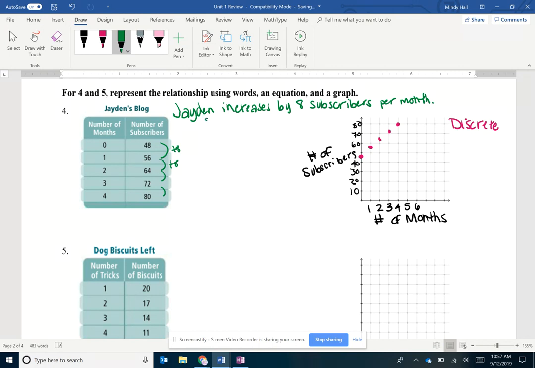And you can even mention started at 48 subscribers. Okay, so then to come up with an equation, if we use something like slope-intercept form, we have to know where I started at. So 48 would be my B. And then the M is my rate of change, which we know is 8.